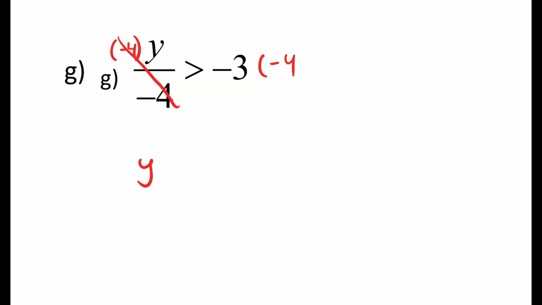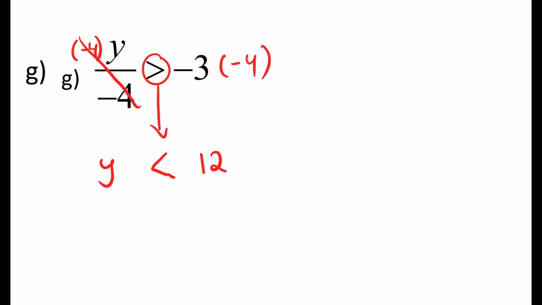And then remember, if you're multiplying or dividing by a negative, you have to change your symbol. So it is going to switch to the other direction. And we now have negative 3 multiplied by negative 4. Negative times a negative is a positive. So we have 12. So y is less than 12.